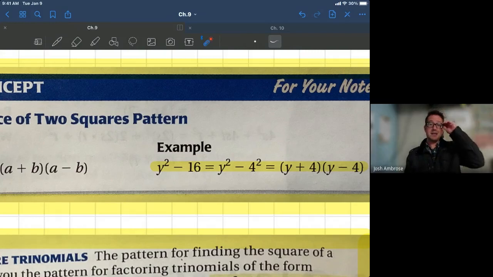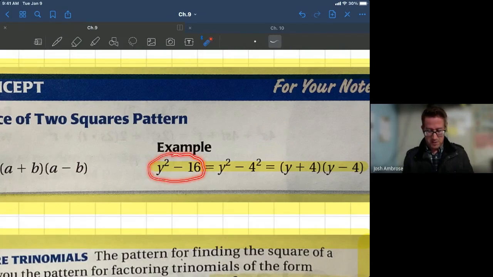So if that is the case, then your perfect square binomial simply breaks down into this: y and y, 4 and 4, and it is always opposite signs. Pay attention to that. It's opposite signs in the double parentheses if you are factoring a perfect square binomial.